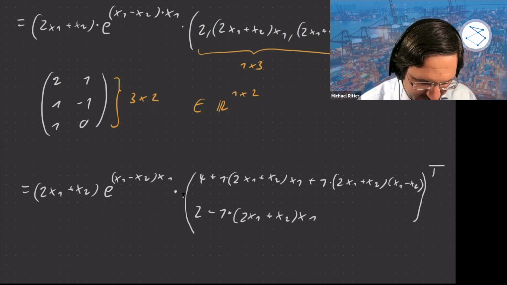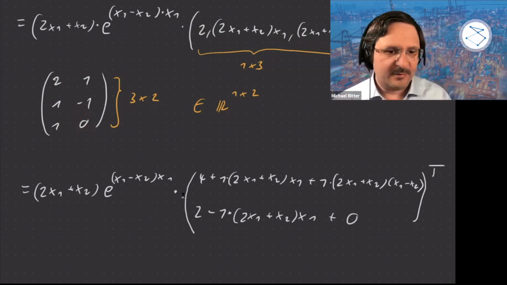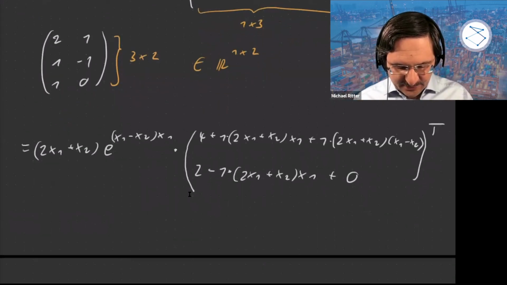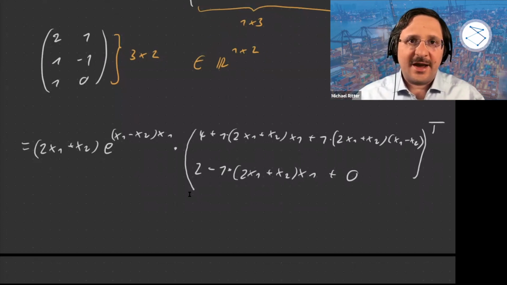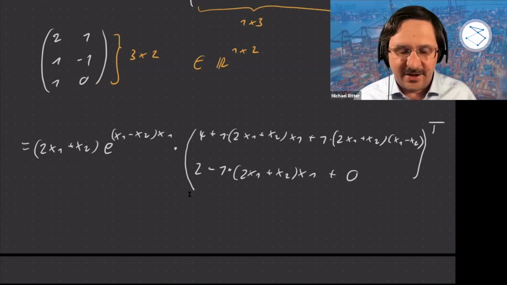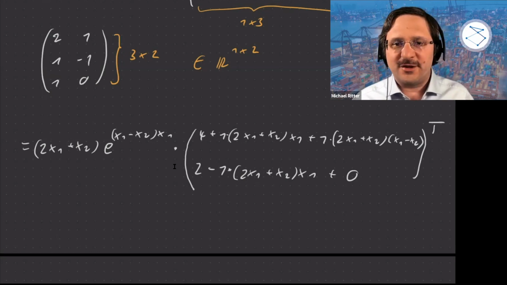And finally, I get 0 times this expression. So I just write plus 0 to clarify where this comes from. So this is the expression that we get for the Jacobian of f after g. And that completes part B of that question.